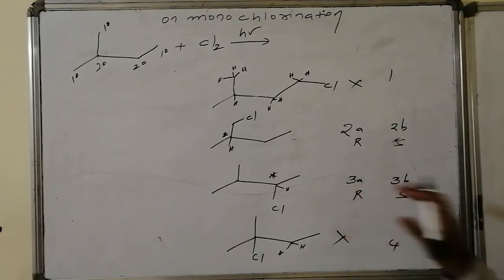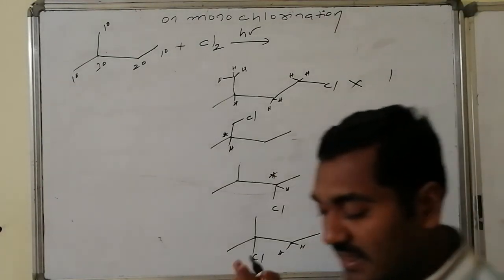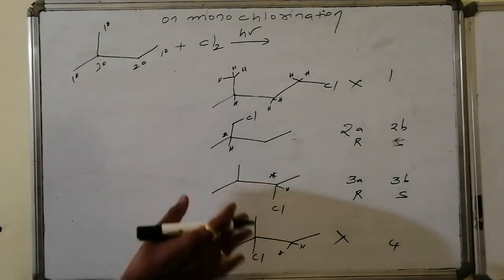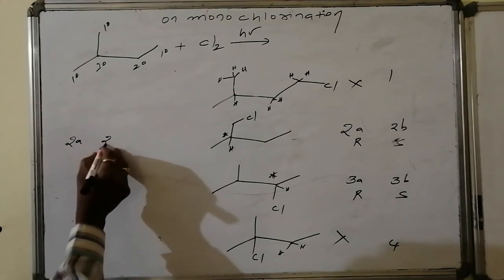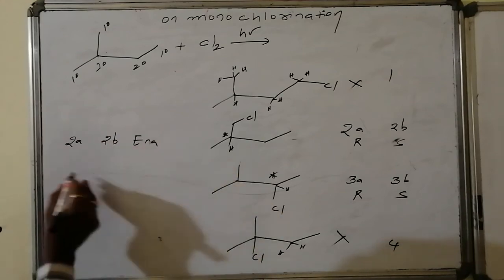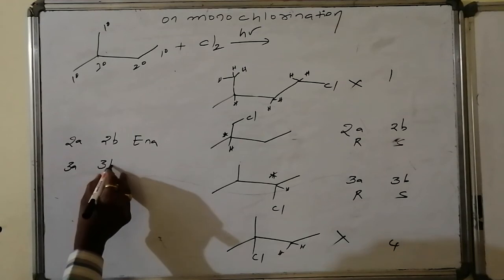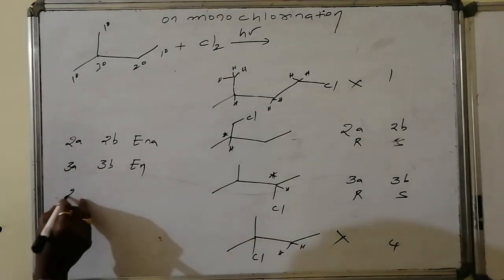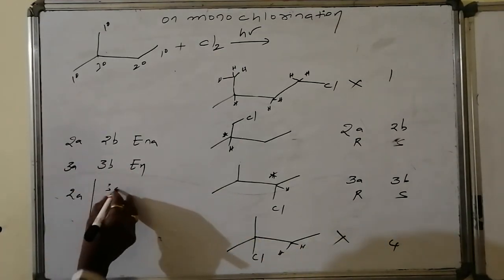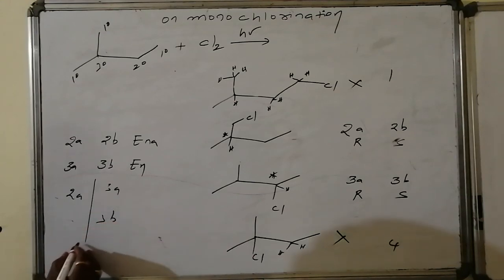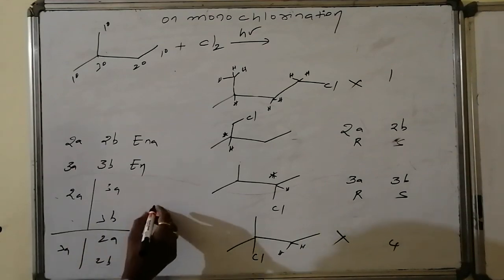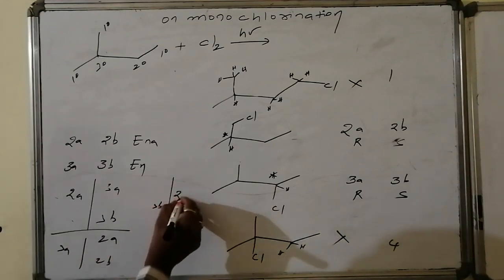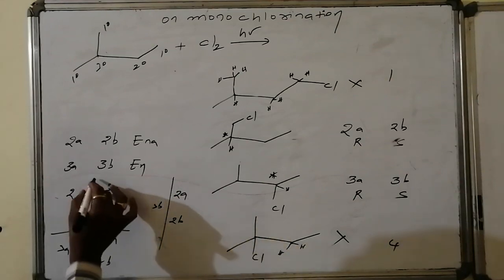Thus, the relations that I can write between the optically active isomers: 2A followed by 2B, these are enantiomers; 3A followed by 3B, these are enantiomers; whereas 2A with either 3A or 3B, these are diastereomers. Similarly, if I take 3A, for 3A, 2A and 2B are diastereomers. Similarly for 3B, 2A and 2B are diastereomers.